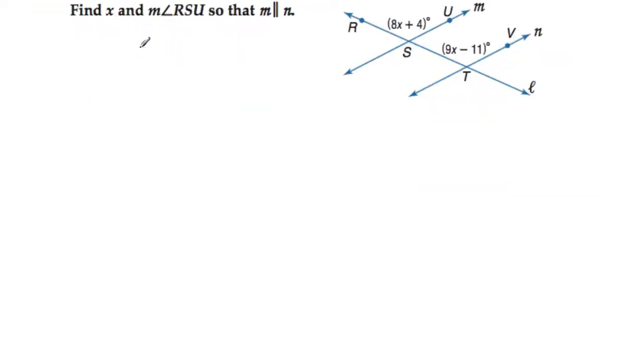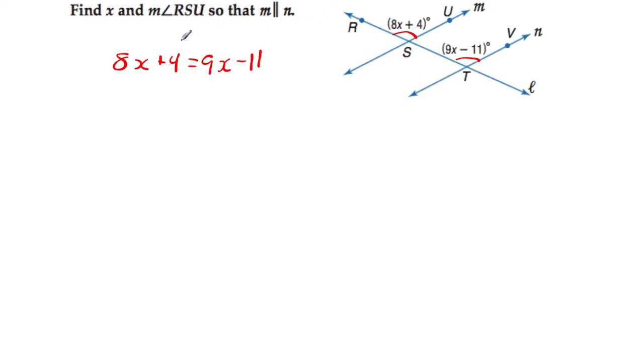And just like this, we want to find a measure of x and measure RSU so that M and N are parallel. Well, I'm given these two angles. They're corresponding angles. If M and N are parallel, these two are going to be congruent. So that means that 8x plus 4 must be equal to 9x minus 11.